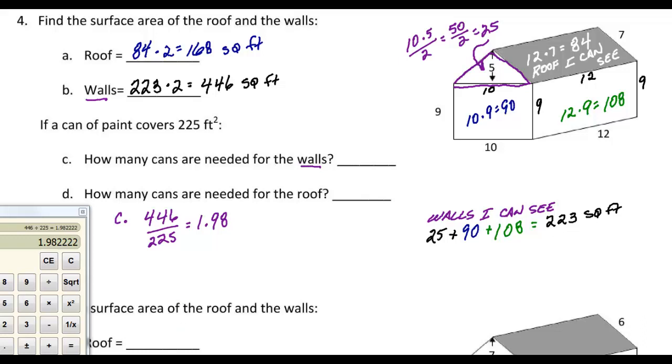Even if I was just rounding, that would be 2. But since it always has to round up, no matter where it is, if it's past 1, it has to go to the next one. I need 2 cans of paint for the walls. And then doing part D, paint for the roof. Well, the roof had 168 square feet.